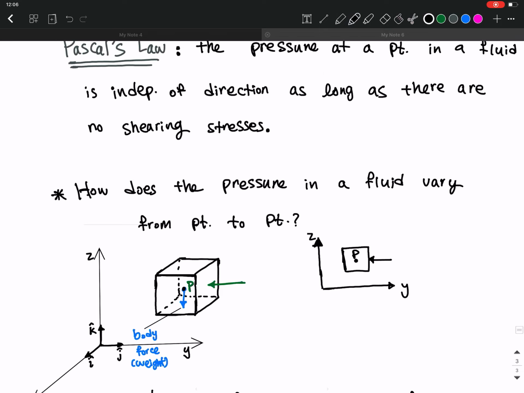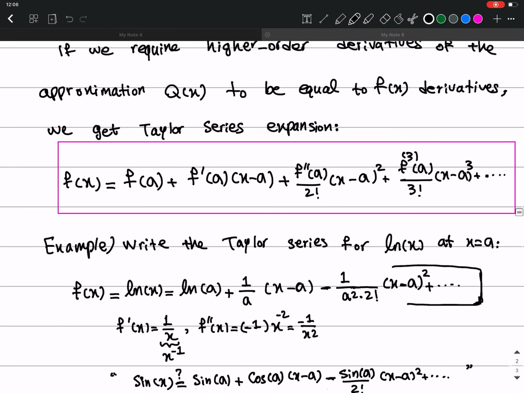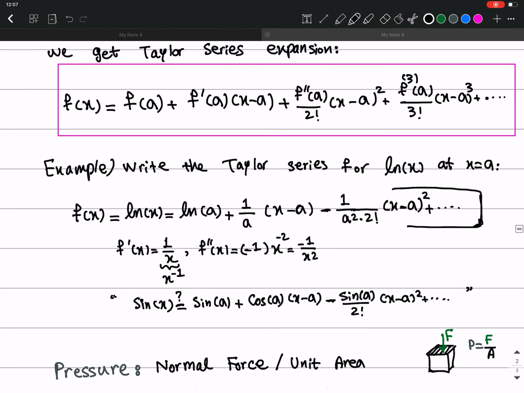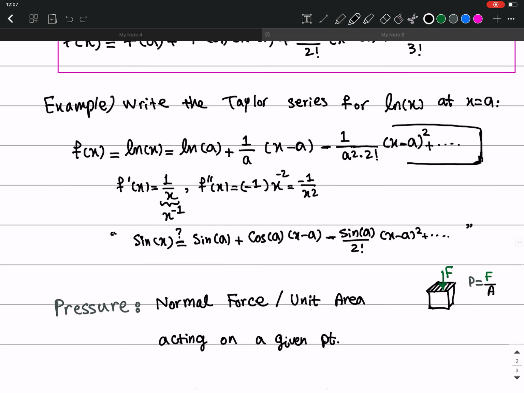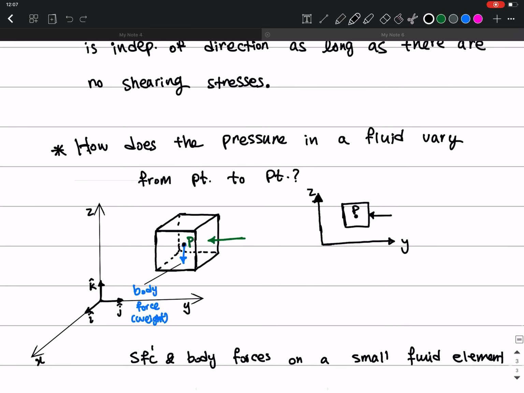From the Taylor series expansion that we learned, we can write any function in terms of the value at a given point plus its derivatives and then higher order terms. So I'm going to do the same thing here.